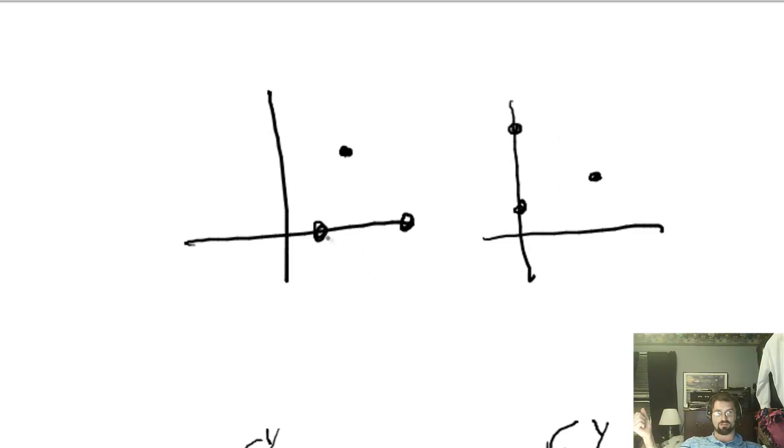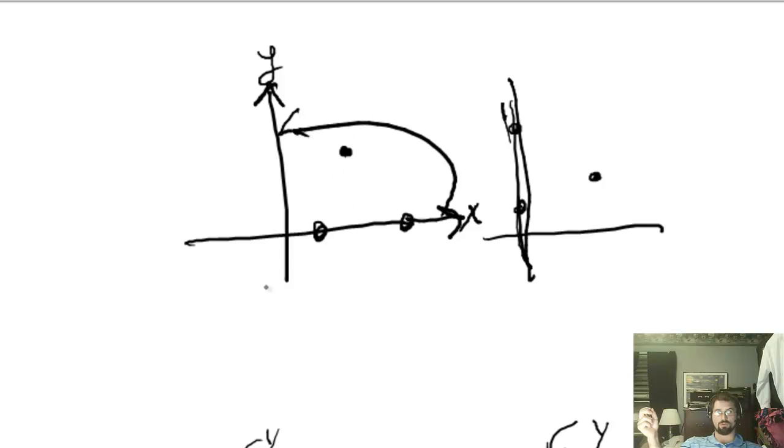And now, because it did not pass the horizontal line test here, it cannot pass the vertical line test when we swap the ordered pairs. Because think about it, if we're swapping the x and the y, it's like we're swapping the x-axis and the y-axis. So it's like we're rotating or folding this thing up across this line.